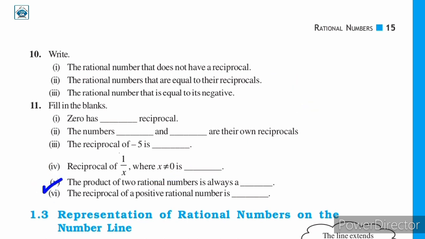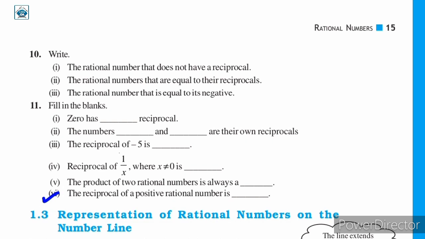Next, we are asked, the product of two rational numbers is always a dash. Now, we all know the answer to this question. Take any two rational numbers and multiply it. The answer will always be a rational number because of closure property of multiplication of two rational numbers. So here the product of two rational numbers is always a rational number.